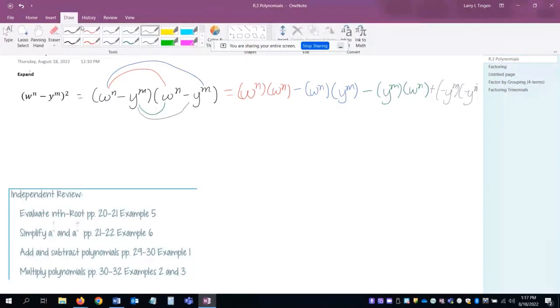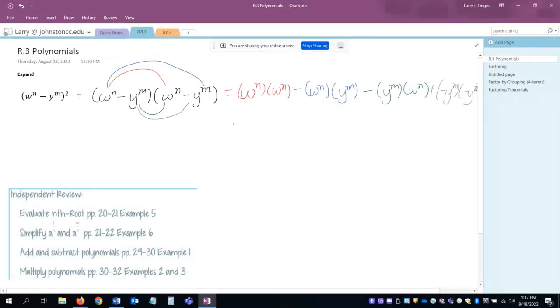All right, so what have I got? Same base. What do I do to the powers? I add them. So W to the N times W to the N is W to the 2N, which is N plus N. Okay. Minus W to the N times Y to the M. Nothing to do there.